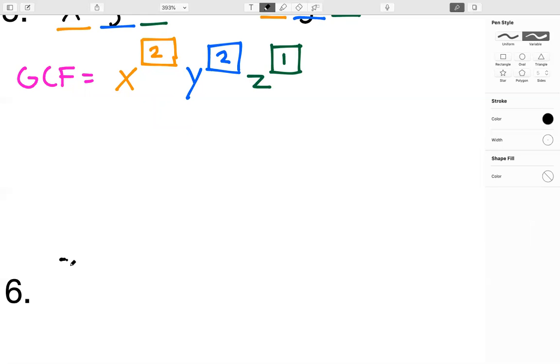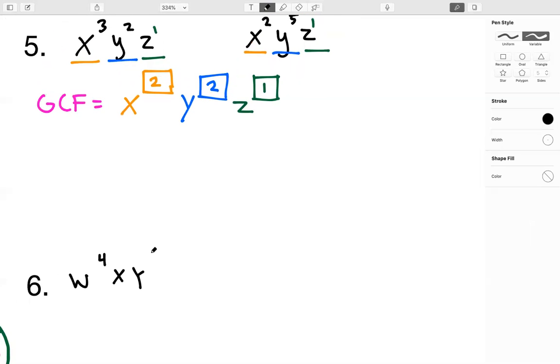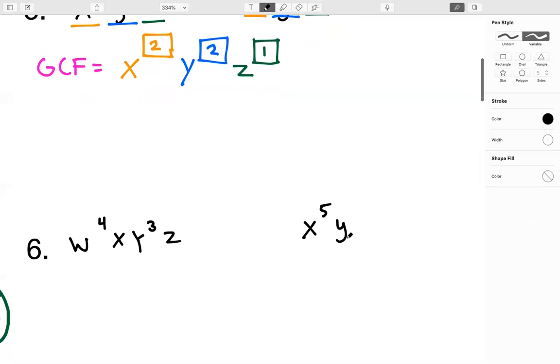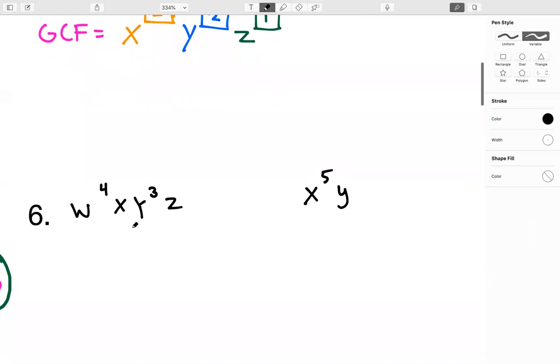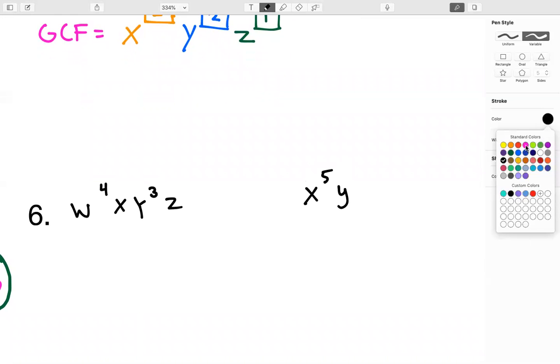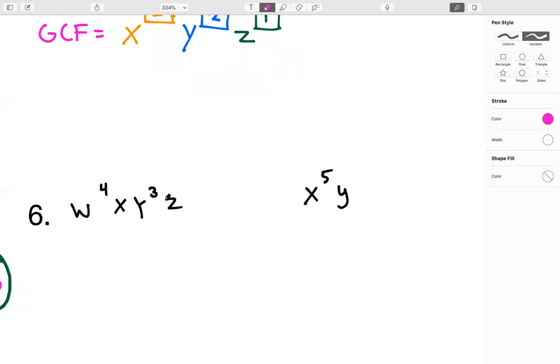It's going to be w to the fourth, x, y, I'll probably zoom out a little bit, x, y to the third, z, and then x to the fifth, y. Same exact process as we did in the last one, and I would encourage you to pause and try it yourself.